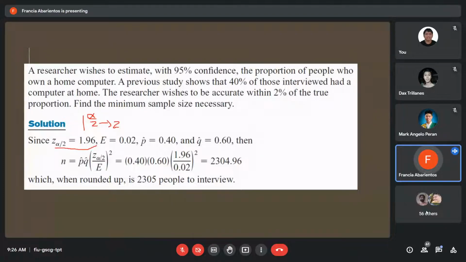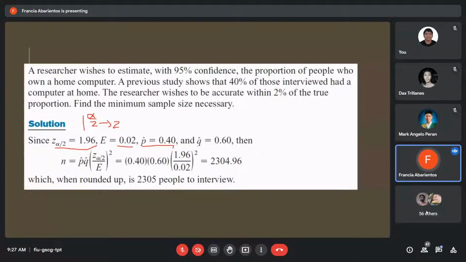Given sa atin, 2% lang yung margin of error natin, within 2%. So, this is now 0.02. Ayan, 0.02. Your p hat natin is the sample proportion that is given in the problem, which is 40%. And subtracting that from 1, we have now the q hat, which is 0.6.